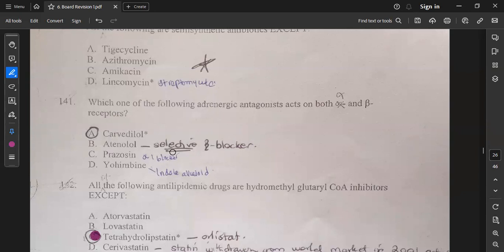Let's start with HDL. What it does is the reason we call it the good cholesterol: HDL will transport cholesterol from the peripheral tissues to the liver, to be broken down and used. Now LDL, our bad cholesterol, transports cholesterol from the liver to the peripheral tissues.